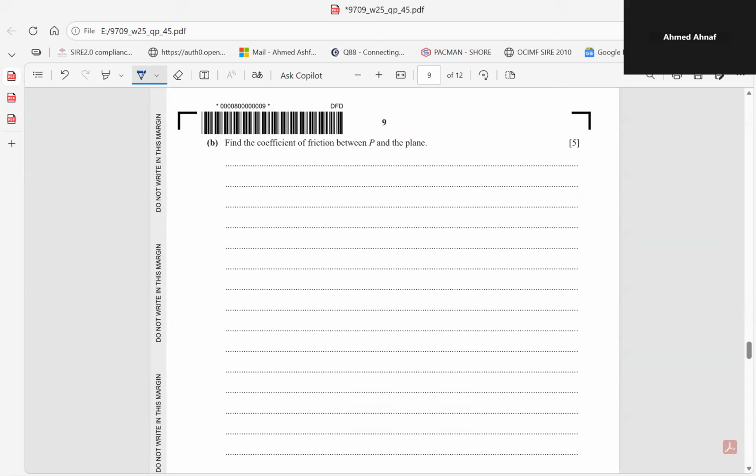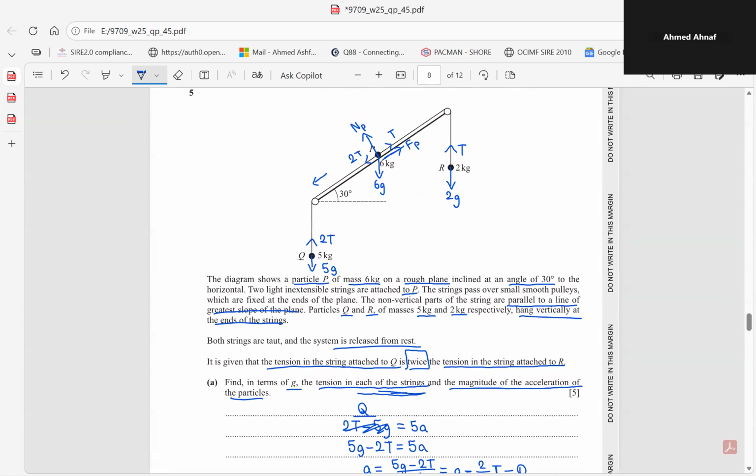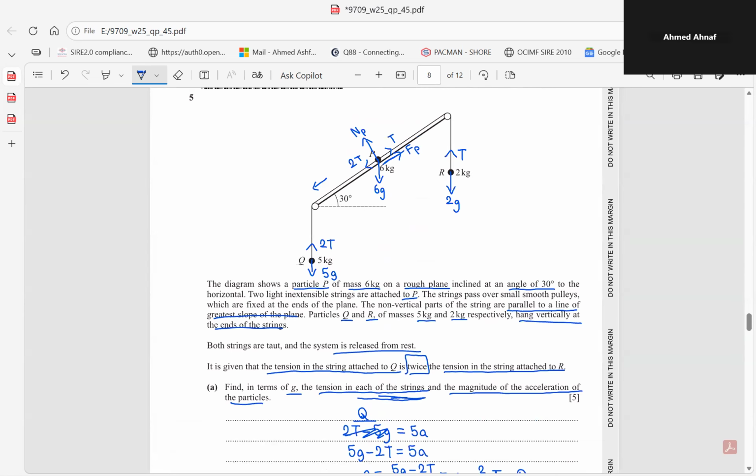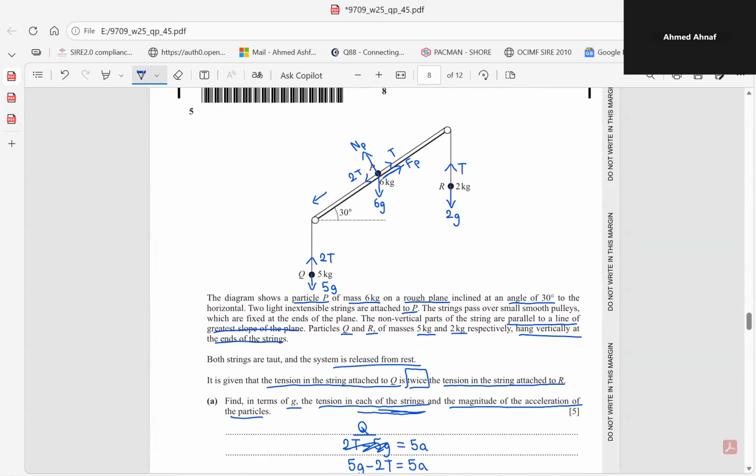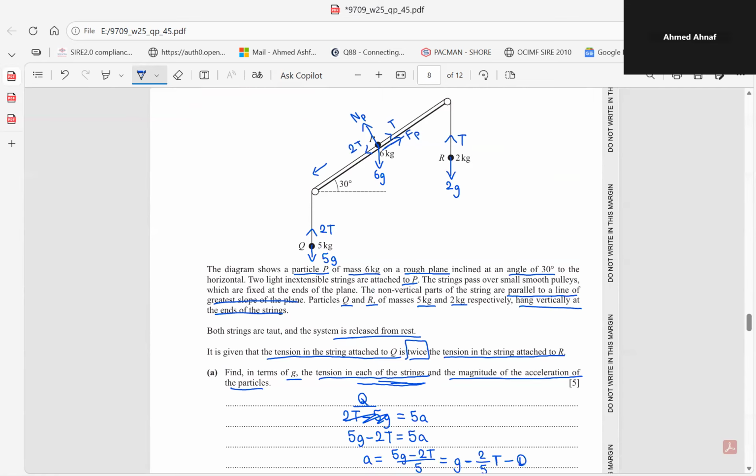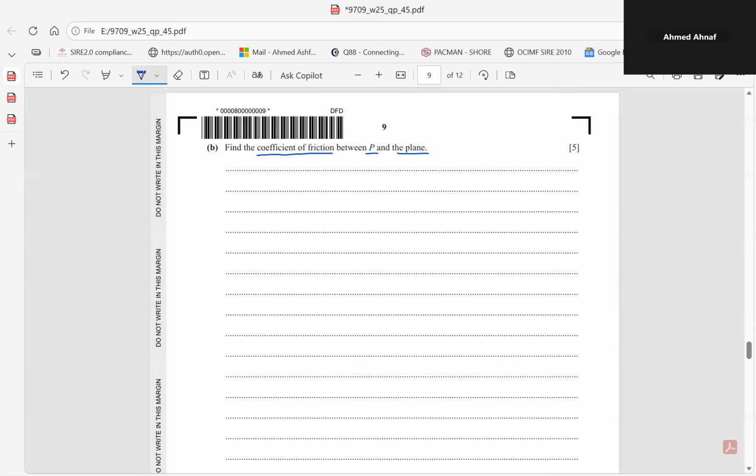Okay, so for 5B, we need to find the coefficient of friction between P and the plane. So yeah, for that, we need to just focus on P alone, right? So we just focus on the horizontal forces. I think let's just draw a diagram of P in here.